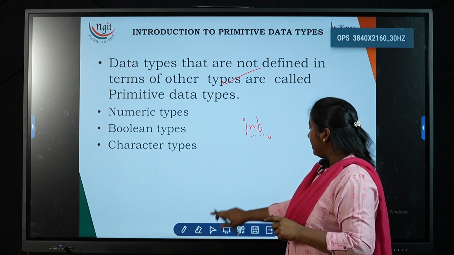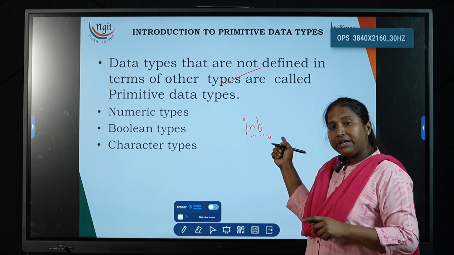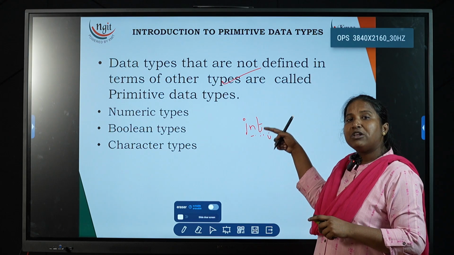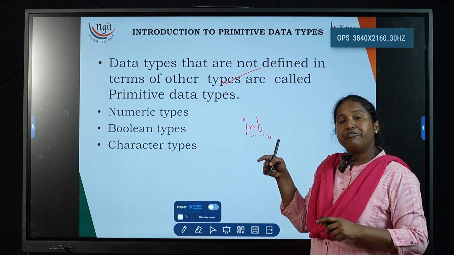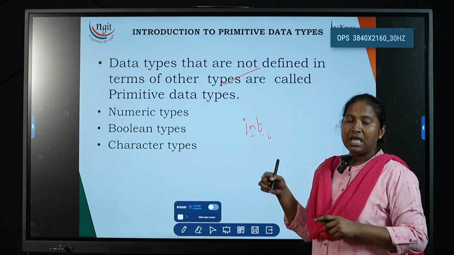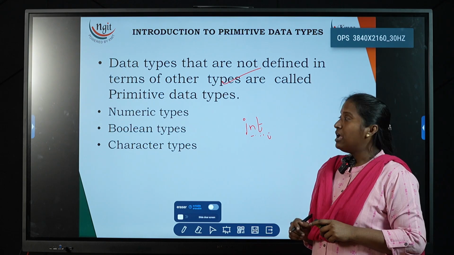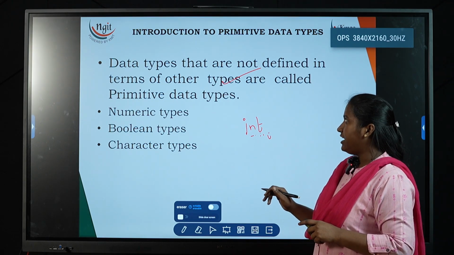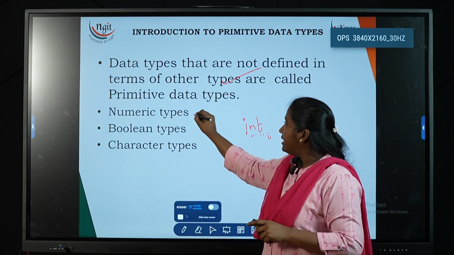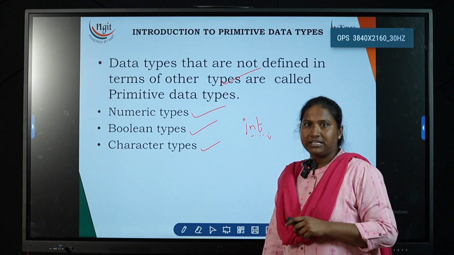Integer belongs to the primitive data types if and only if it is defined in its own form. Basically, the primitive data types are numeric types, Boolean types and character types.